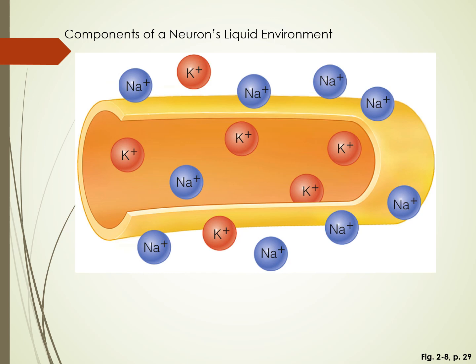There's more sodium outside of the axon than inside. There is more potassium. The K+, the red dots, are potassium, and it's showing that there's more potassium inside the cell than outside the cell. You can see also they both have a plus after them. They're both positively charged ions.